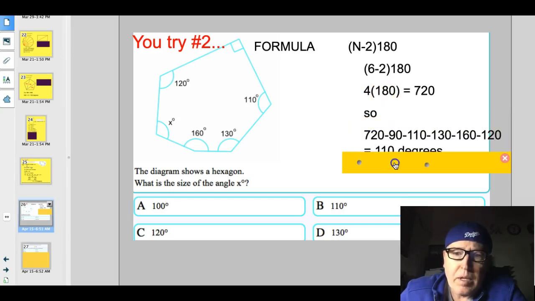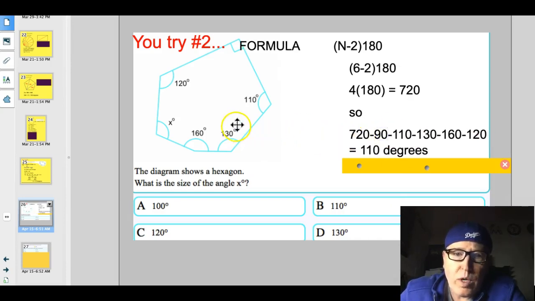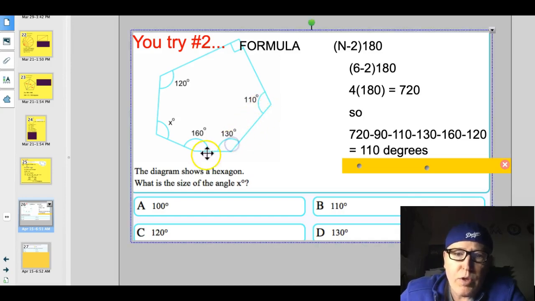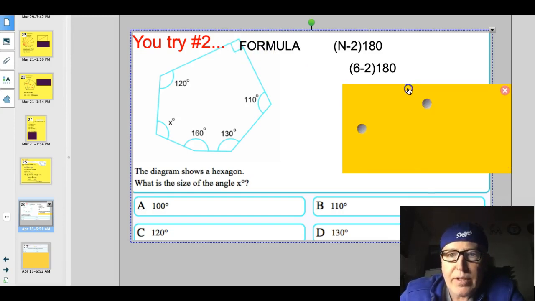So I just subtracted out all of those other ones. 720 minus the 90, minus the 110, minus the 130, minus the 160, minus the 120, and had 110 degrees left, so B was the correct answer. Notice how I went in order clockwise, and I started right up at 12 o'clock or at noon. I always do it the same way so I don't count one angle twice.